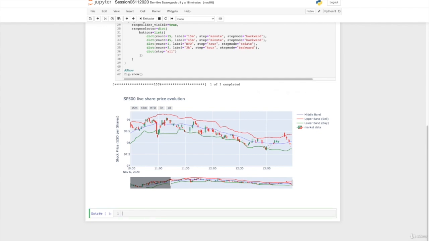Okay, just a quick calculation: 99.1 minus 98.3, let's round it, divided by 99.1, just to have the percentage movement that you have made in terms of return, times 100 in order to have it in percentage.